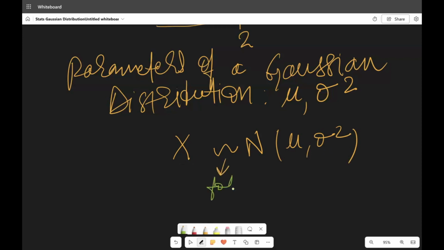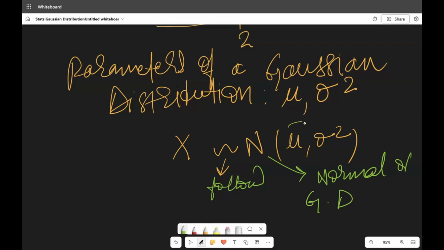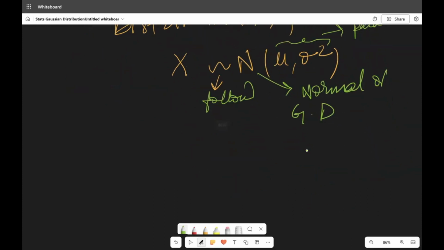This N represents the normal or Gaussian distribution. And mu and sigma square are called the parameters of my distribution.